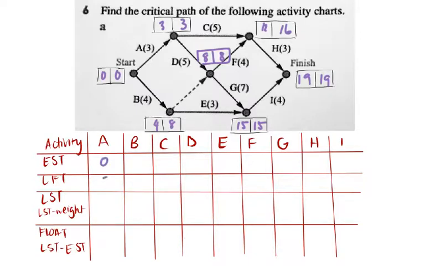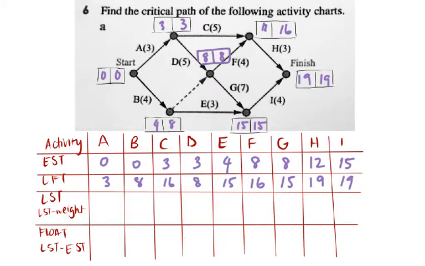So for A, 0 and 3, 0 and 8, 3 and 16, 3 and 8, 4 and 15, 8 and 16, 8 and 15, 12 and 19, and 15 and 19.